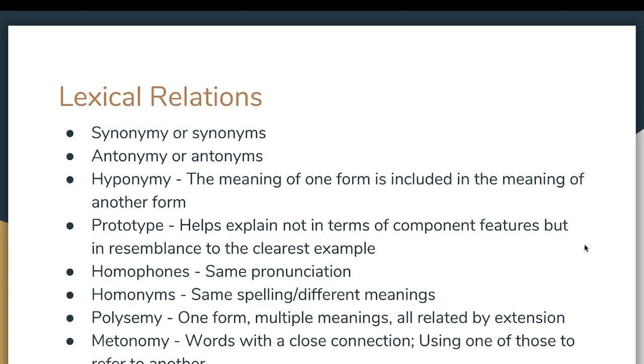Okay, so a homonym could be pen, which is spelled P-E-N, whether it is a writing instrument or an enclosed space. Okay, polysemy is when there's one form, multiple meanings, all related by extension.